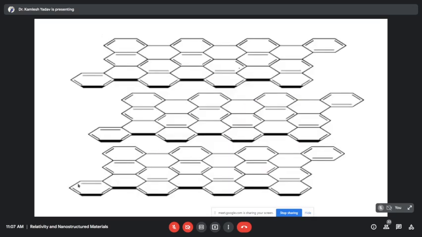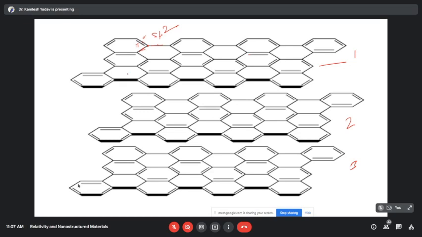These are the first layer, second layer, and third layer. In this case, one carbon atom is connected with three carbon atoms, and this will be sp2 hybridization. There is formation of sigma bonds and a pi bond, which is delocalized.